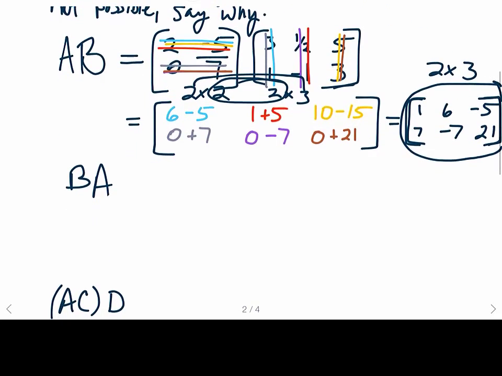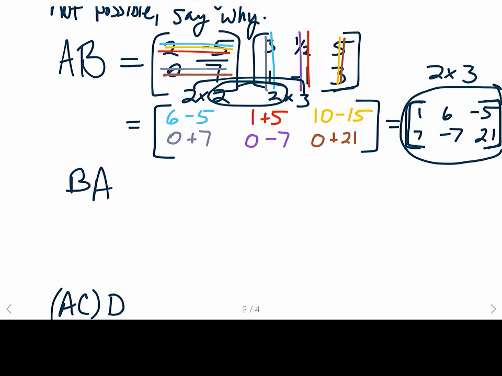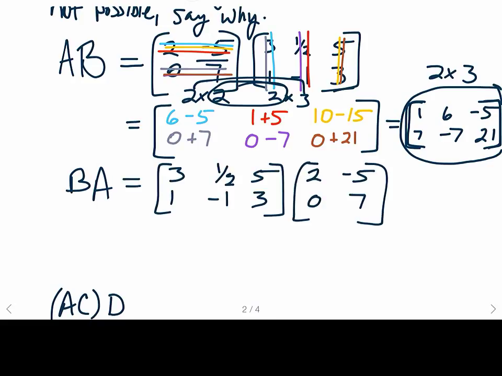Okay, next we're asked to find BA. So let me write down the two matrices. B times A would be 3, 1/2, 5, 1, -1, 3, and 2, -5, 0, 7. If we try to multiply the first row of B with the first column of A, we'd have 3 times 2, and then 1/2 times 0, and then 5 wouldn't have a partner.